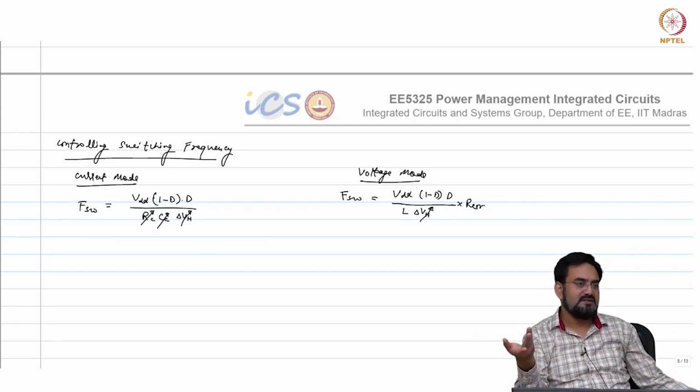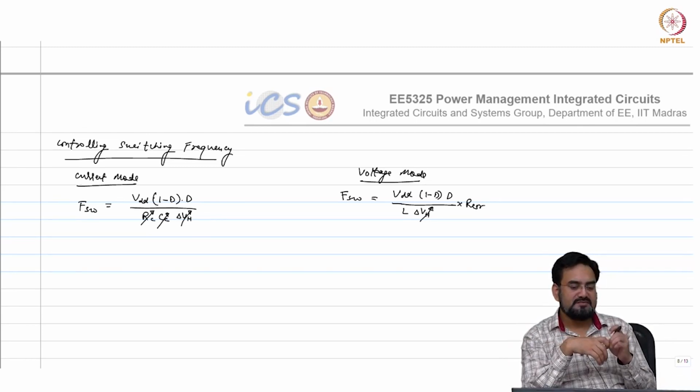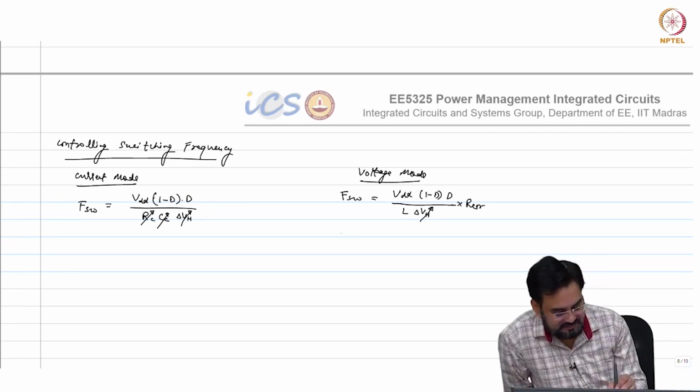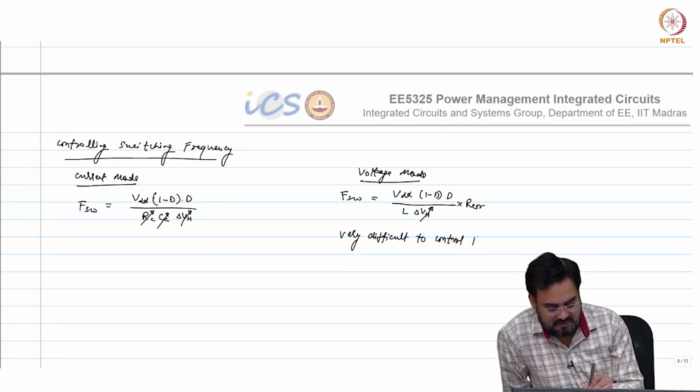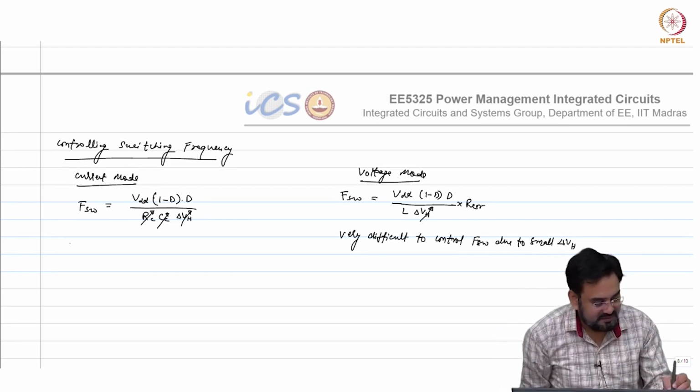It will not work at all. So it is very difficult to control FSW due to small delta.